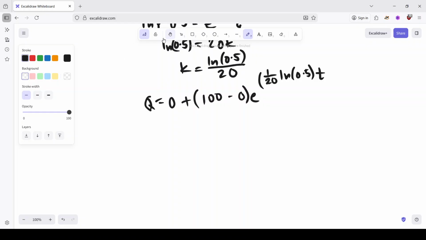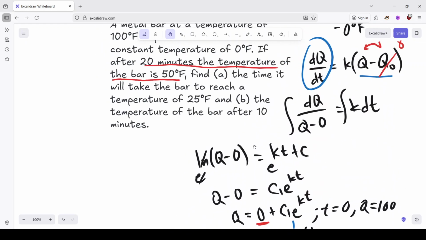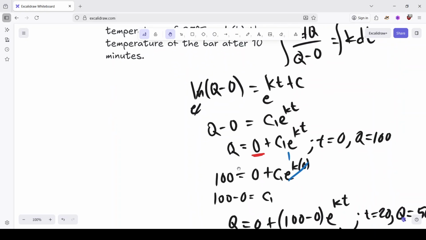So for our questions, letter A, the time it will take the bar to reach a temperature of 25 degrees Fahrenheit, and then letter B, the temperature of the bar after 10 minutes.